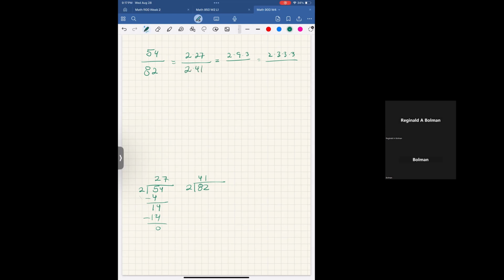And unfortunately, I do believe that 41 is a prime number, although we could check this. I'll take a second just to check. It is in fact prime. So at this step, you could have stopped if you wanted to, because there's no new information you would be able to find, given that 41 is prime, 2 is prime.